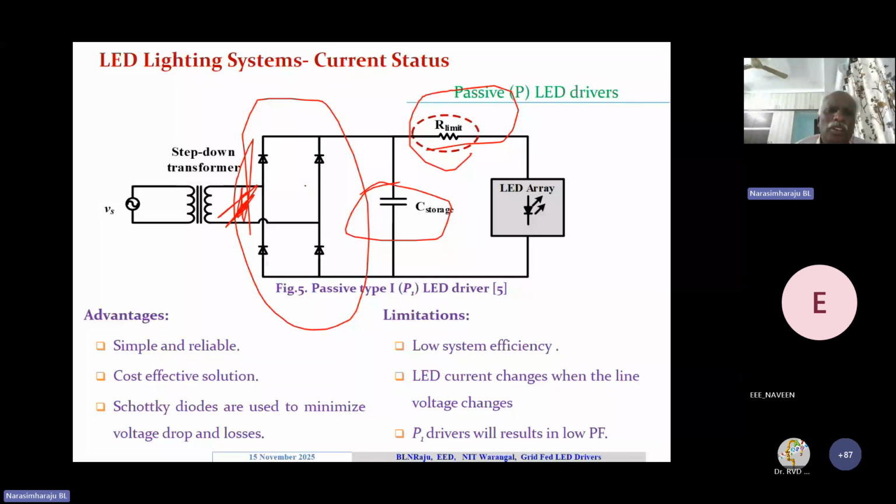Because of the rectifier and the capacitor, the source currents are largely discontinuous in nature, and that creates the problem of low power factor. That indicates very poor utilization of the power source.